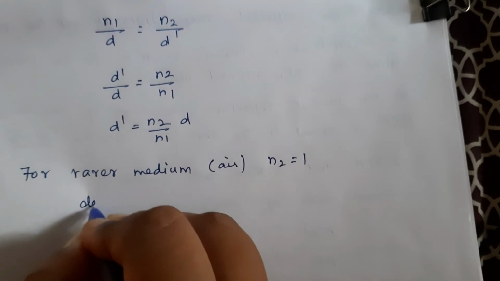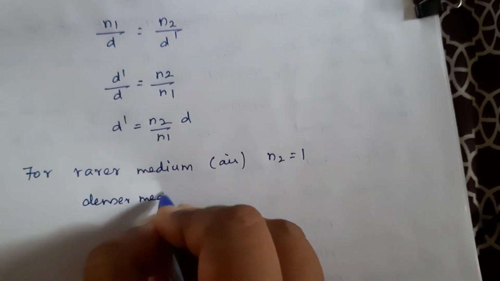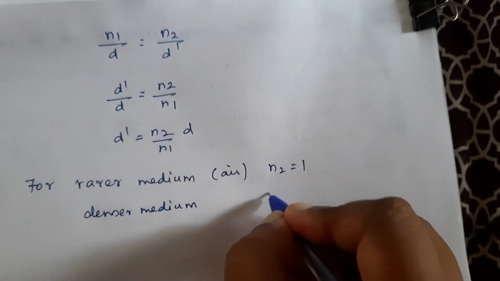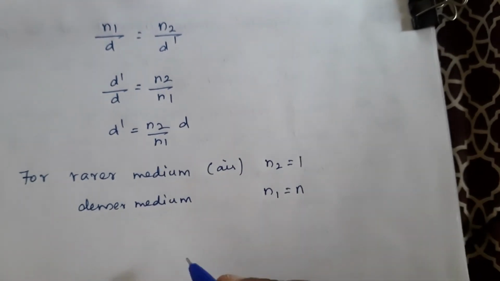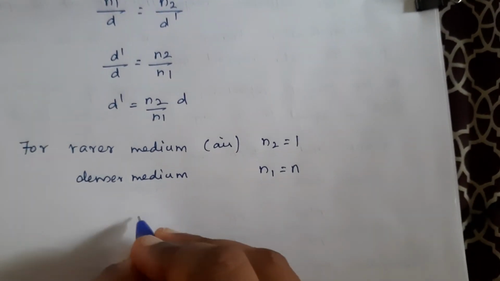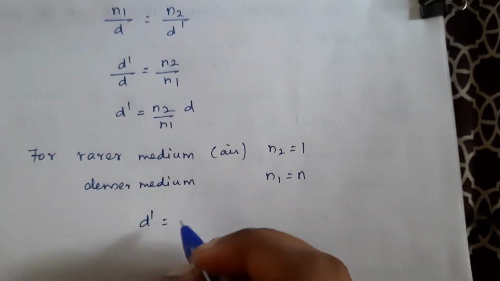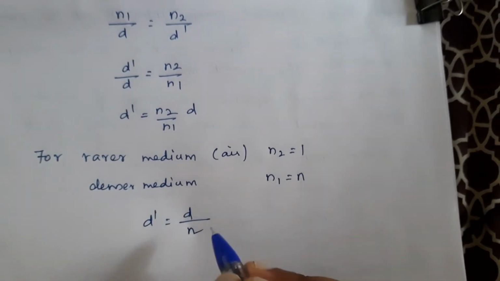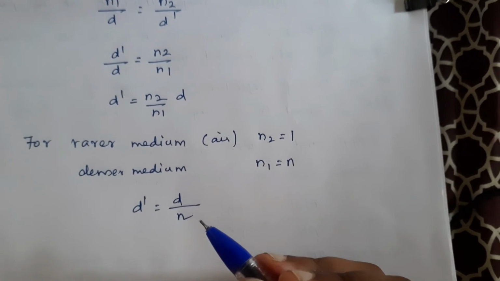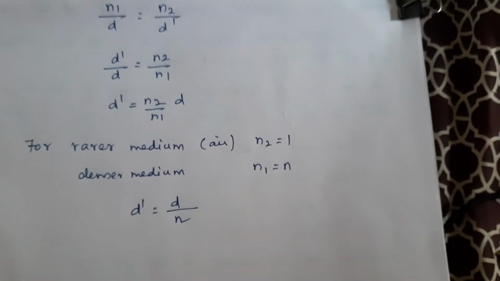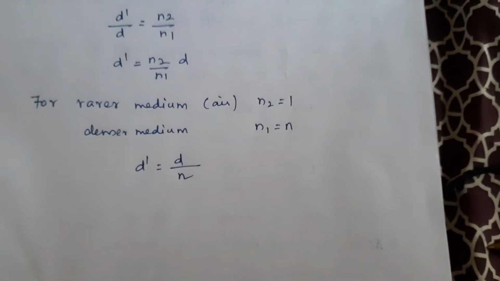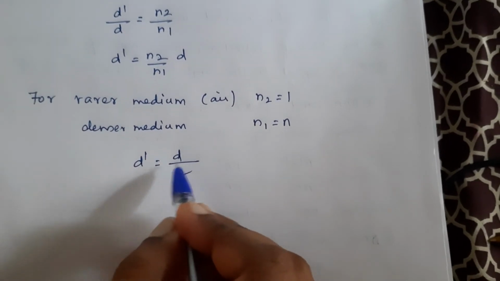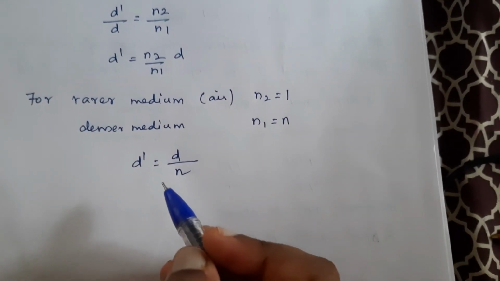For the denser medium, N1 is equal to N. So d dash is equal to d by N. This is the apparent depth, we have got it.